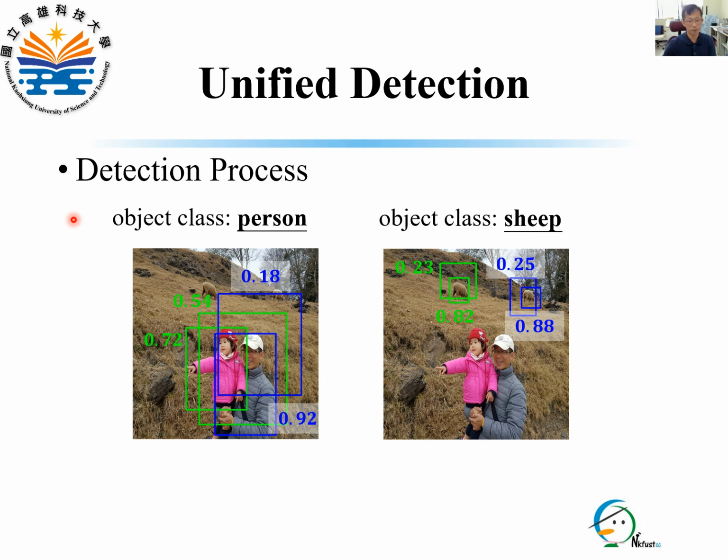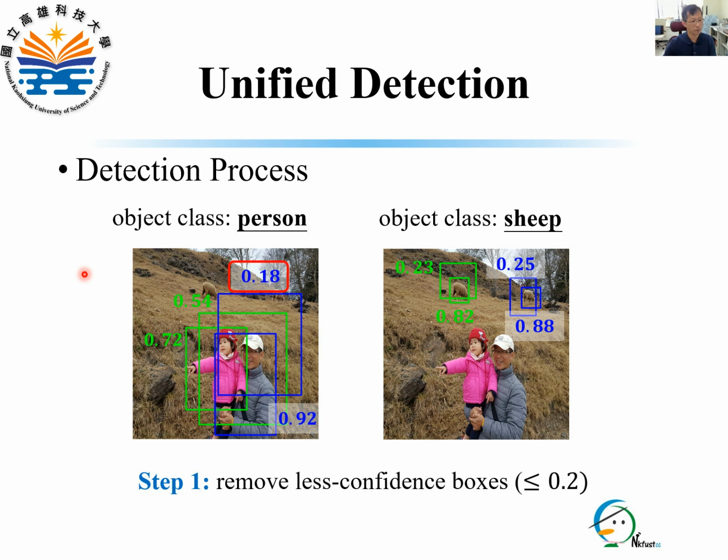For example, assume that there are 4 predicted bounding boxes for person and ship object classes respectively. During step 1, we remove this box because its class confidence is less than 0.2.